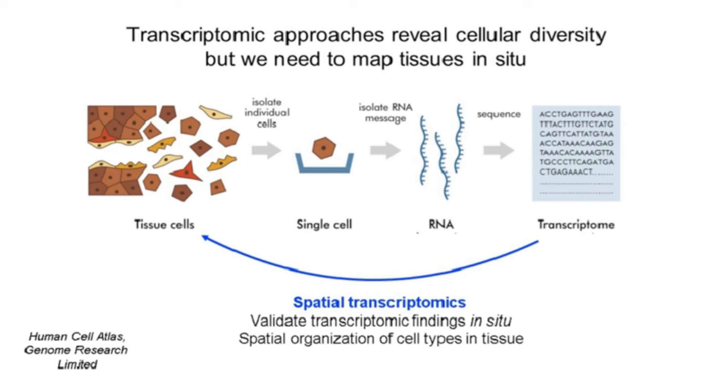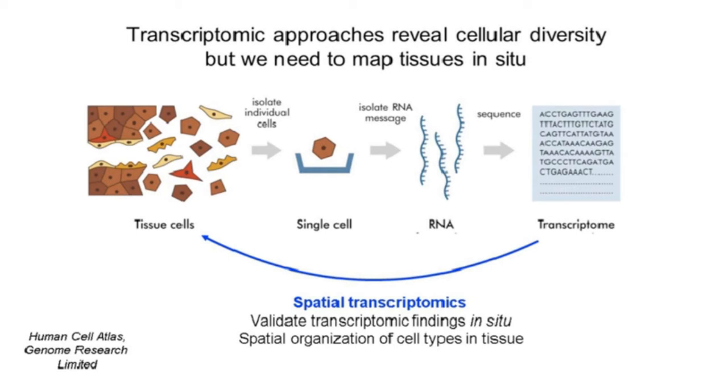In contrast, the alternative approaches that we use for mapping these transcriptomic findings back into the tissues, mainly in situ hybridization and immunohistochemistry, have not improved at the same rate. The new area of spatial transcriptomics aims to fill this gap, and in this emerging field, there are two immediate applications.